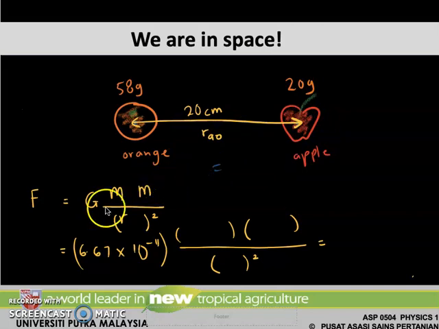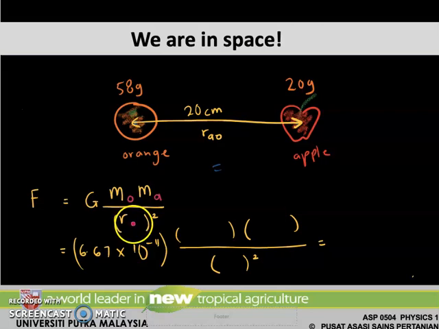So using Newton's gravitational law, which is this equation, I'm going to plug it in and find out the force of gravity between my two fruits. Let's do this. Mass 1 is the orange, mass 2 is the apple. You can flip this around, it doesn't matter which comes first.